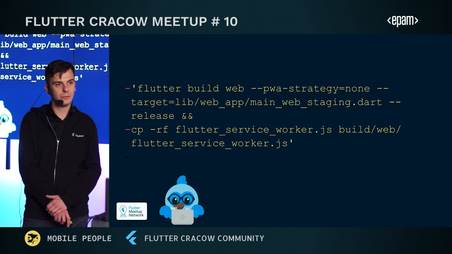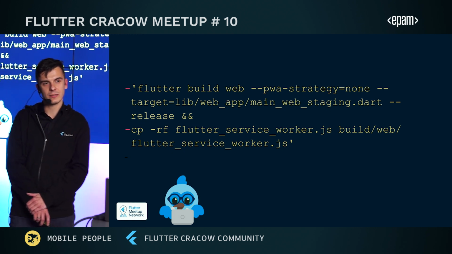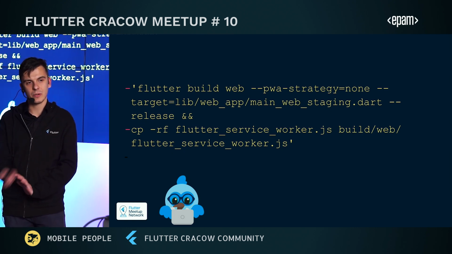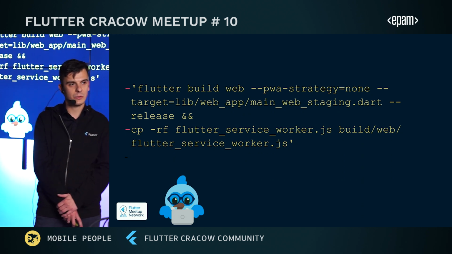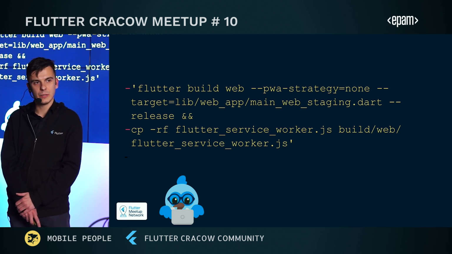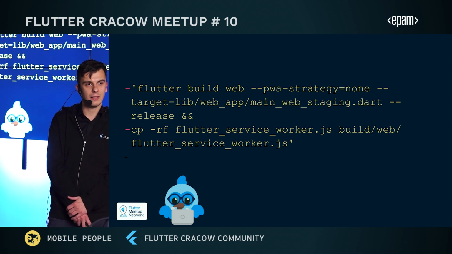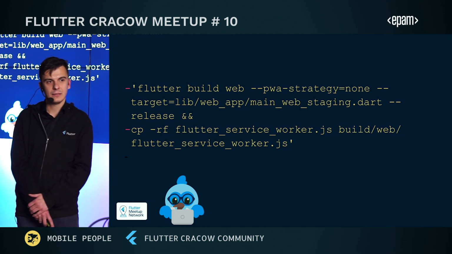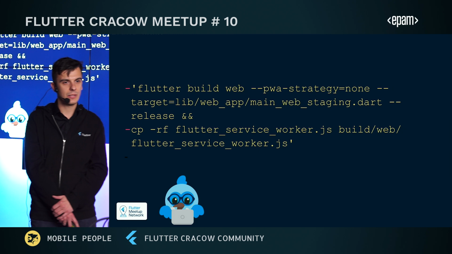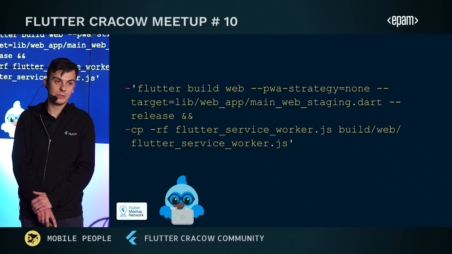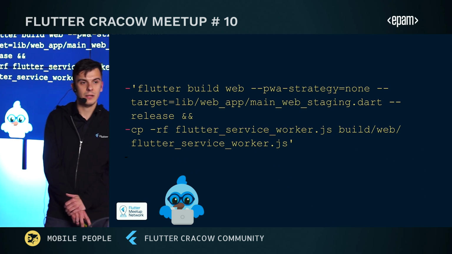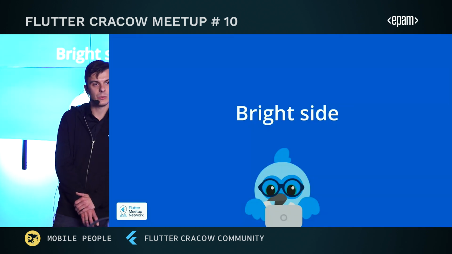When you build the project, Flutter will take the service worker automatically from the framework. So what I've been doing is first building the web version, then copying this Flutter service worker JS into the build web folder, and then I have this clear cache service worker. After some time, once everyone has it, this is no longer needed.